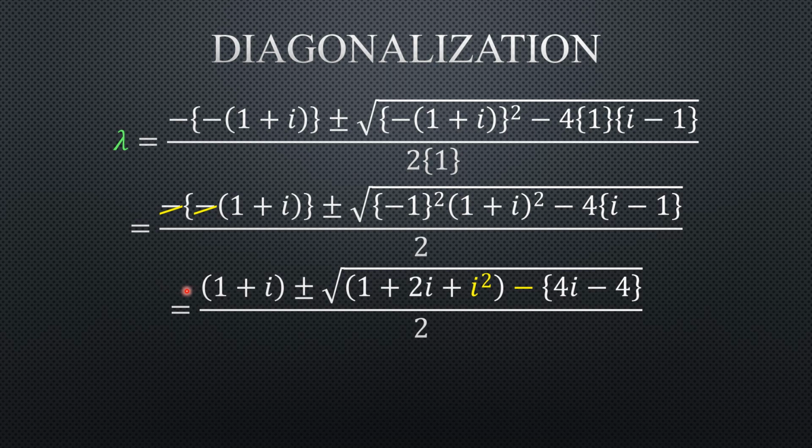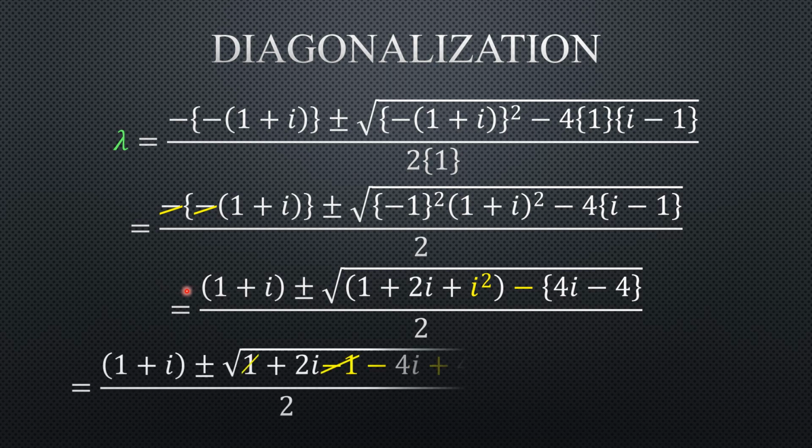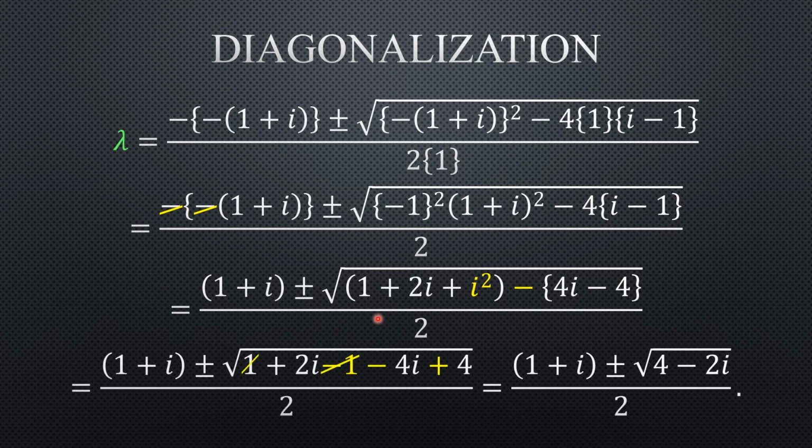With the negatives canceled, that cleans up our leading term. Now once we distribute that negative into this curly bracket, simplify this i squared into a -1, we see we get 1 and 1 canceling, and then we have a plus 2i and now a minus 4i. That simplifies to minus 2i, and this is our set of eigenvalues.